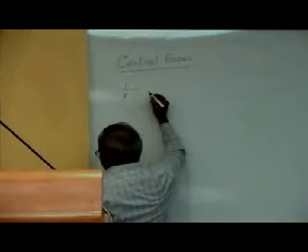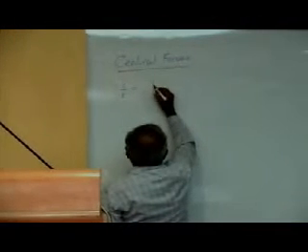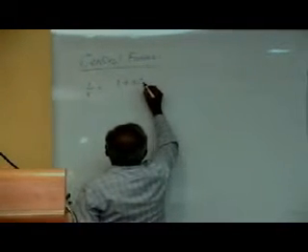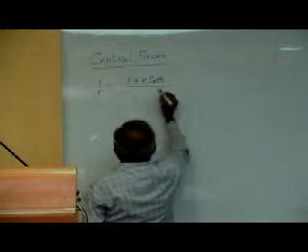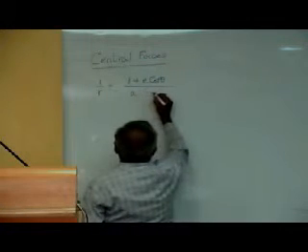I will write down my expression for this as 1 by r equal to (1 plus e cos theta) divided by a into (1 minus e squared).